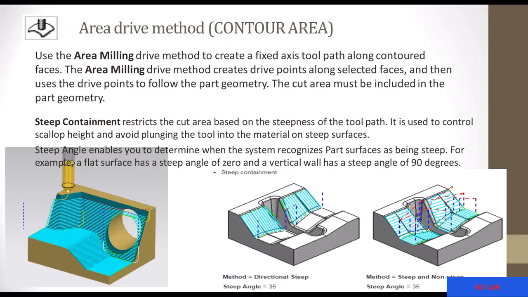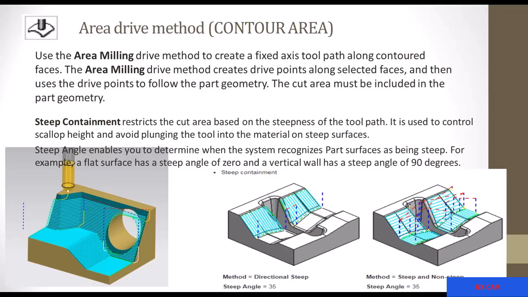This operation is especially used for finishing operation, and here we can also define all the surfaces in steep or non-steep areas, and we can also define the angle between steep and non-steep area. Like if we want to define steep area between 90 to 60, we can enter 60.